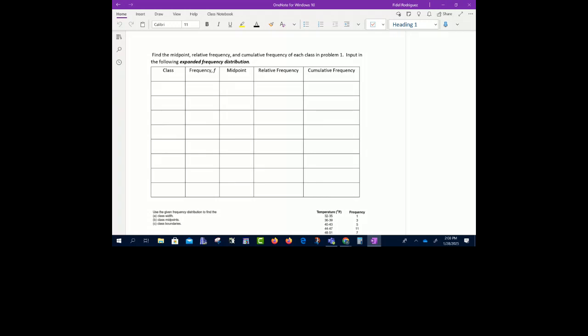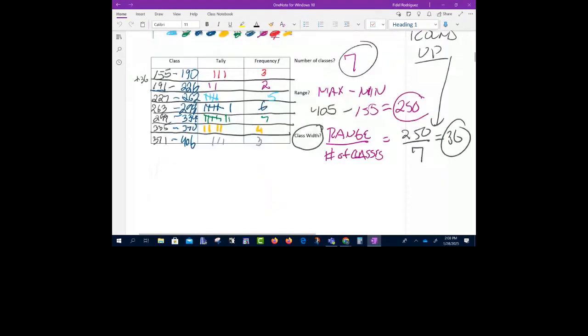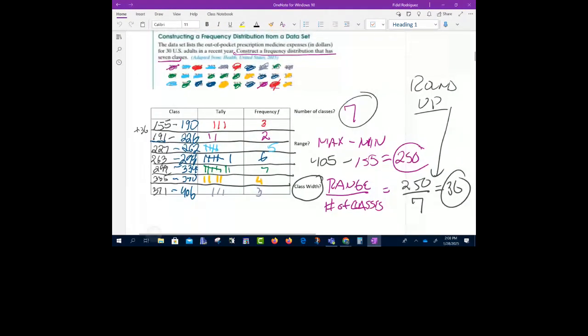So y'all, what I mean by this, we're going to scroll back to our notes real quick. We are going to use this part right here, okay? So y'all, what I'm going to do is copy a couple of things. I'm going to copy the classes, and I'm going to copy the frequencies, okay?